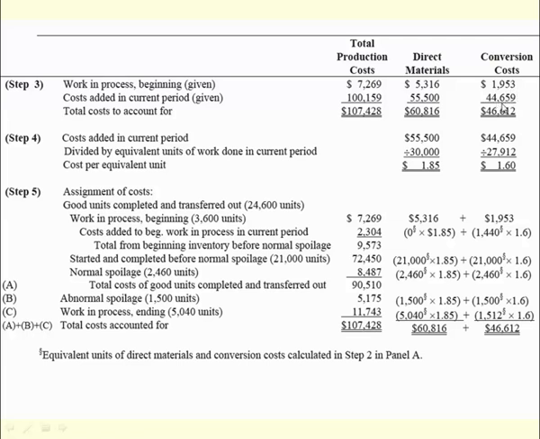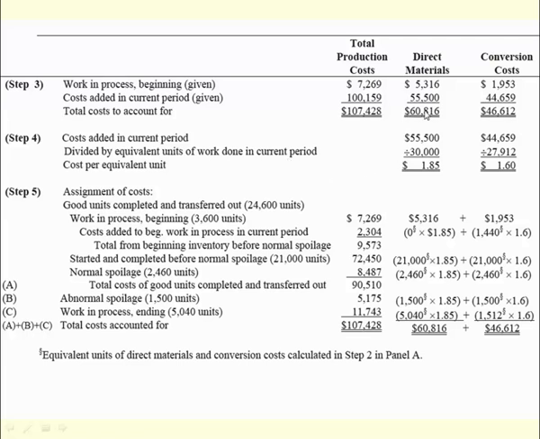1,953 plus 44,659 equals 46,612, the total cost to account for under conversion cost. But in step 4, to calculate cost per equivalent unit, we only divide costs added in the current period by equivalent units of work done in the current period.